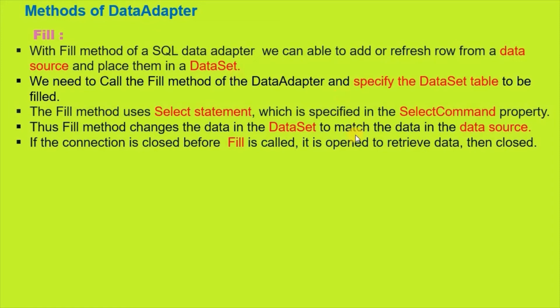So we need to specify or write the dataset table name. Fill method automatically opens the connection and fills the data in dataset or data table and then closes the connection automatically. So fill method is important.